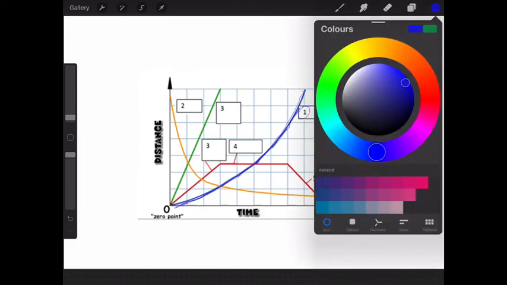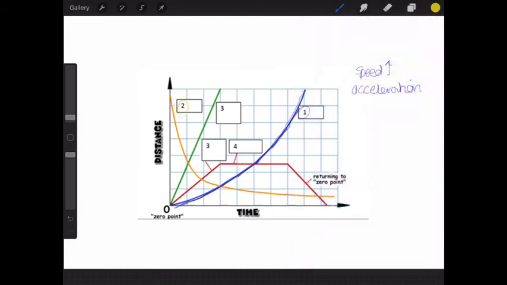If we change that to think about the number 2, here we've got a decreasing gradient, really steep at the start, getting shallower and shallower until it is almost horizontal here.